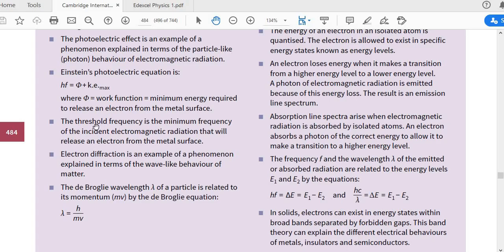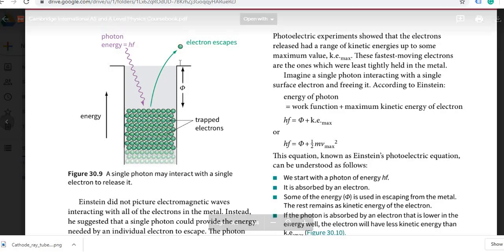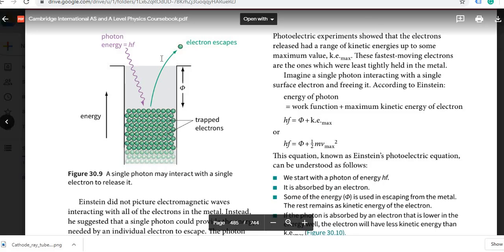The threshold frequency is the minimum frequency of the incident electromagnetic radiation that will release an electron from the metal surface. So it will be released, but it will not be moving out of the metal surface. For example, if you look at the diagram here, the electron will come up to here, but it will not have kinetic energy to go out from there.